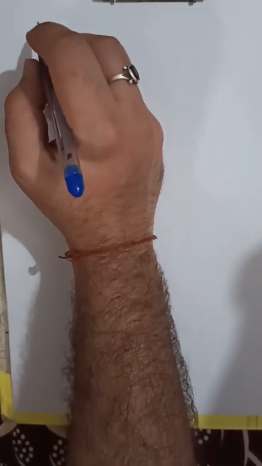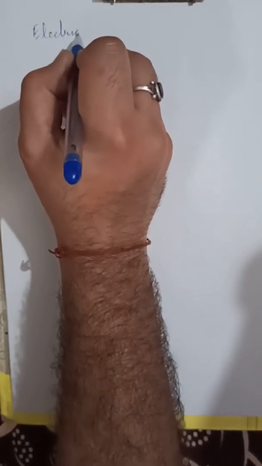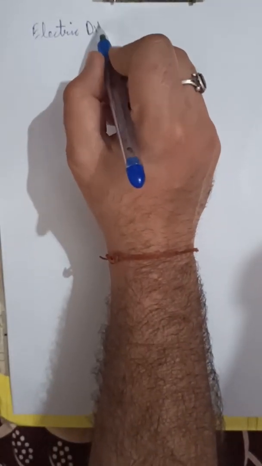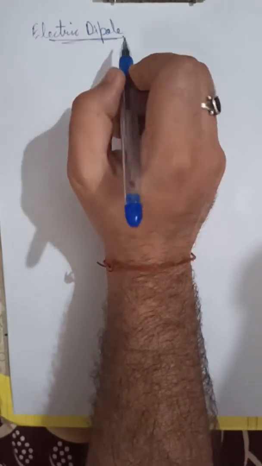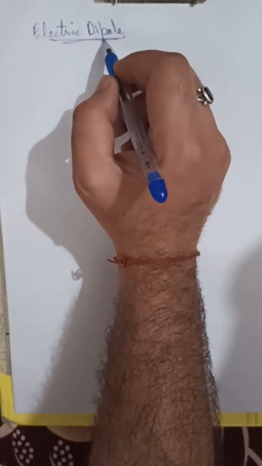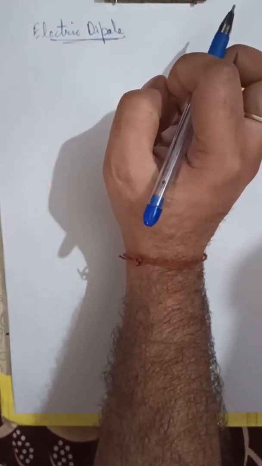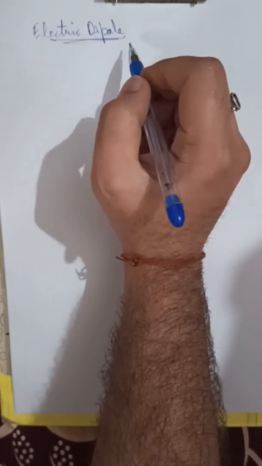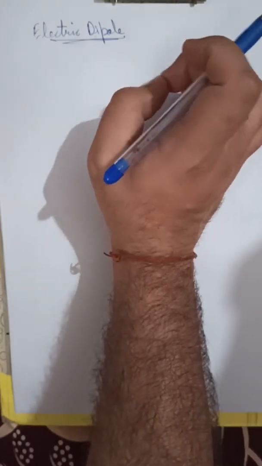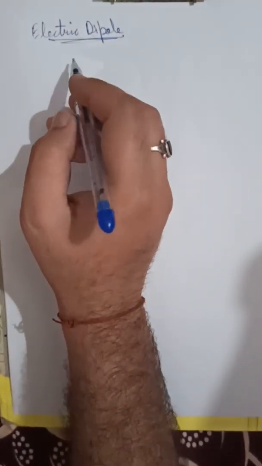So now we will move towards our next topic, that is electric dipole. So as I already told you, dipole is two polarities. So two charges separated by a small distance is called a dipole. We can say two equal and opposite charges separated by a small distance is called electric dipole.